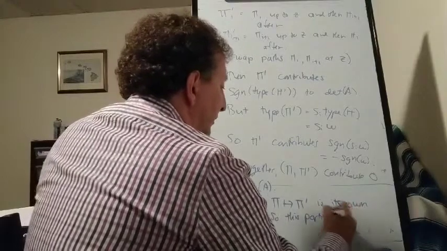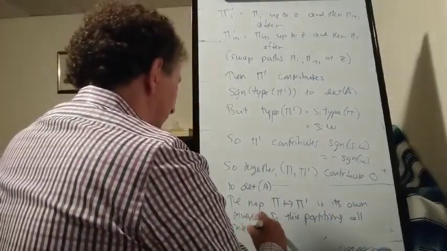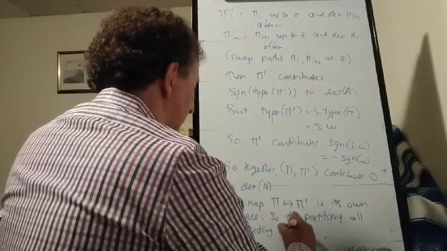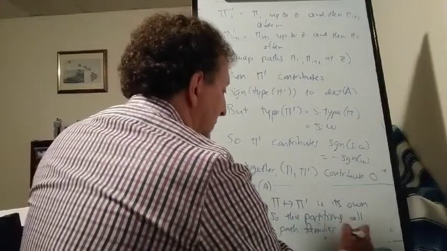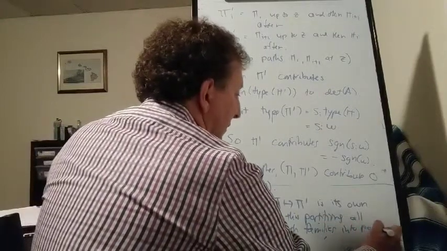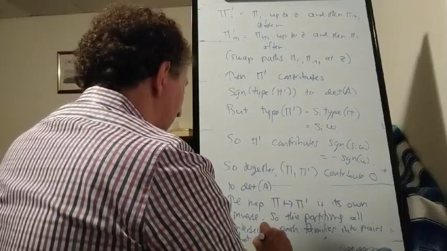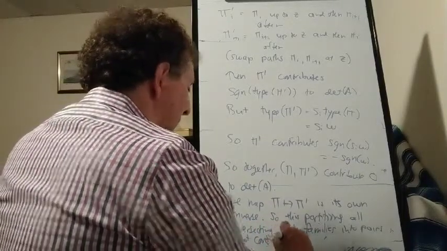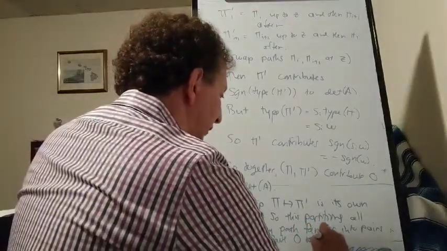So this partitions all intersecting path families into pairs that contribute 0 to the determinant.